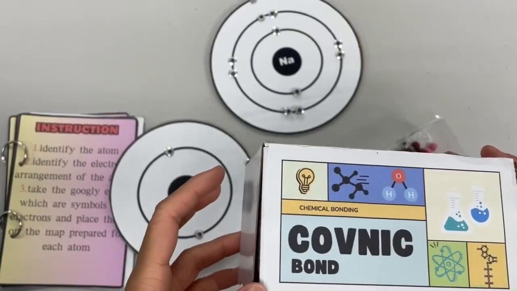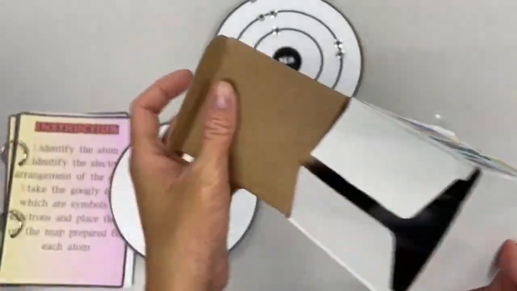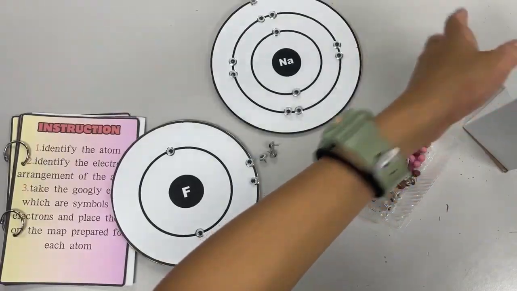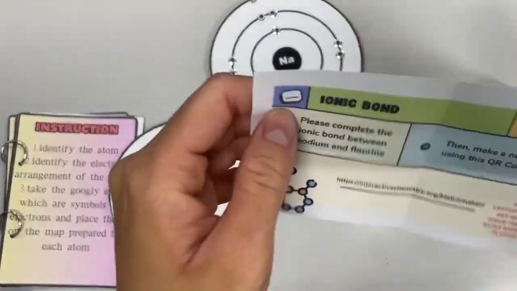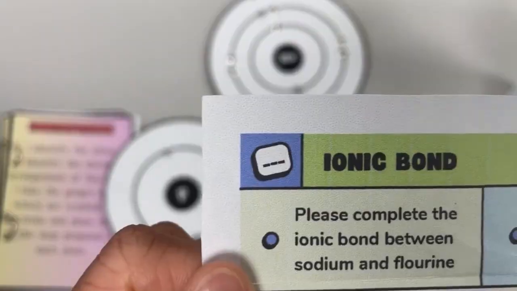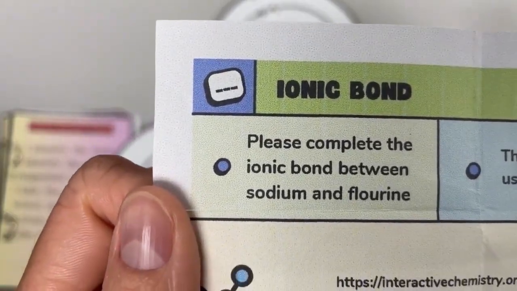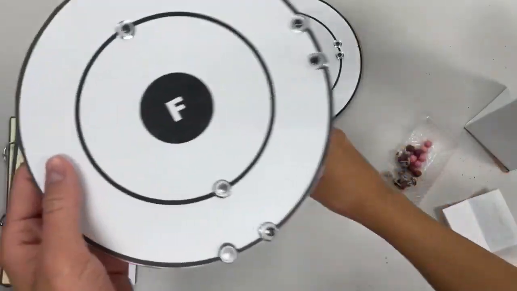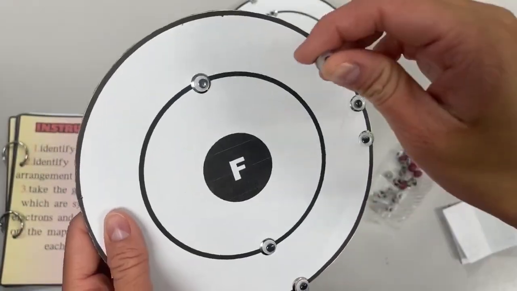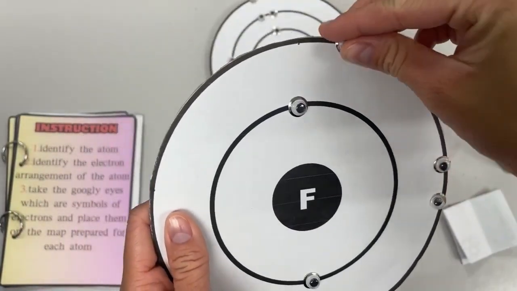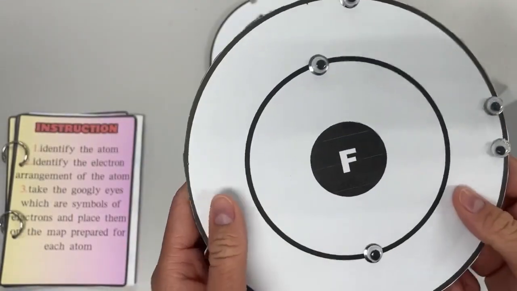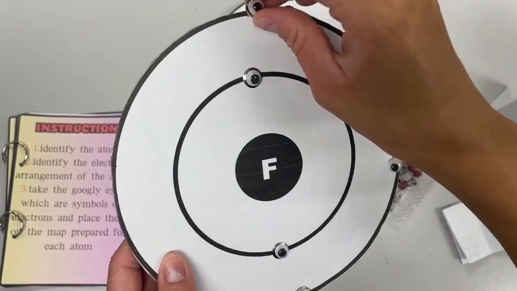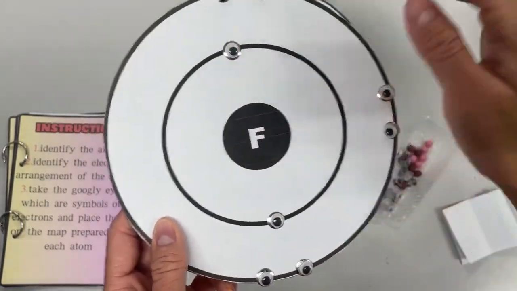Now we can get the question in this question box. I got a question about, please complete the ionic bond between sodium and fluorine. So now I have to put in the fluorine electron arrangement, which is 2 7, so I have to put in 2 and 7.